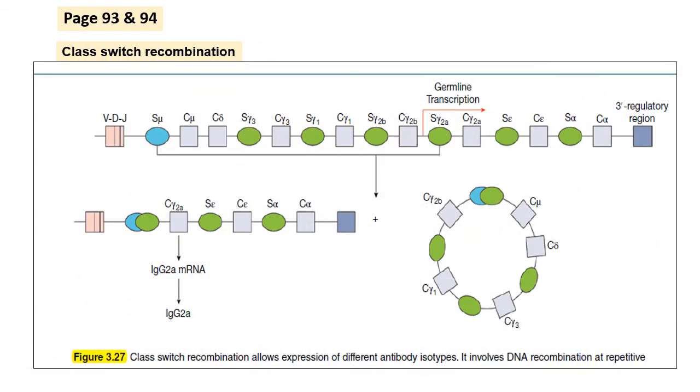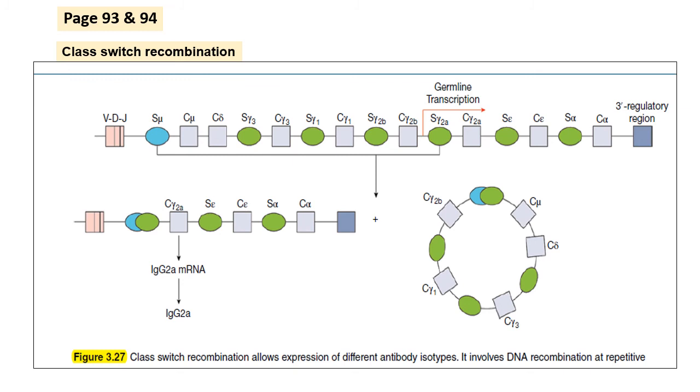Now, the class switching recombination, the CSR. As we mentioned previously, antigen-stimulated IgM expressing B cells in germinal centers of secondary lymphoid organs, the spleen and lymph nodes, undergo class switching recombination, the CSR.